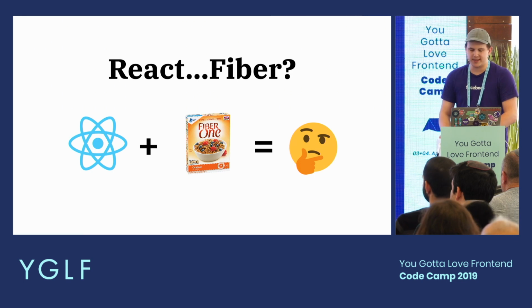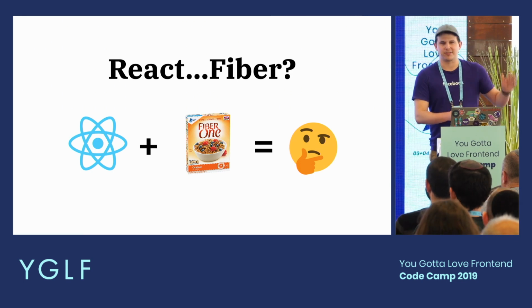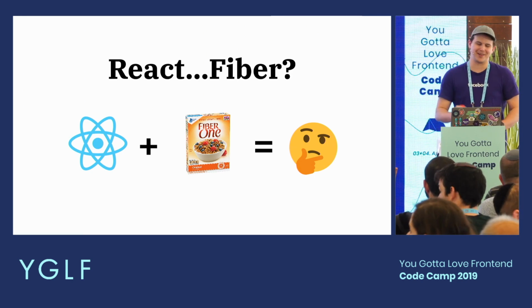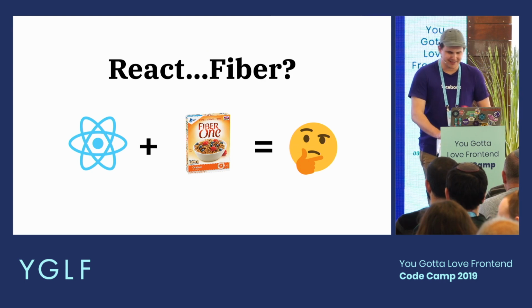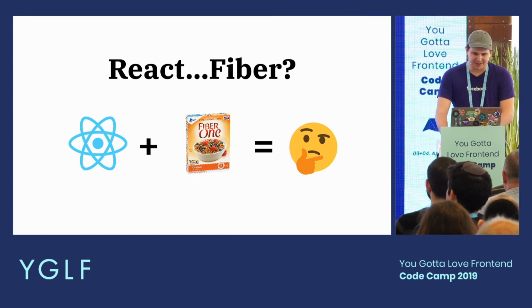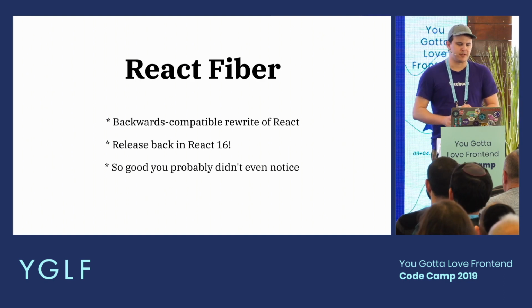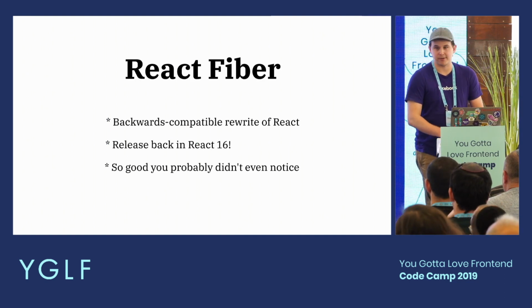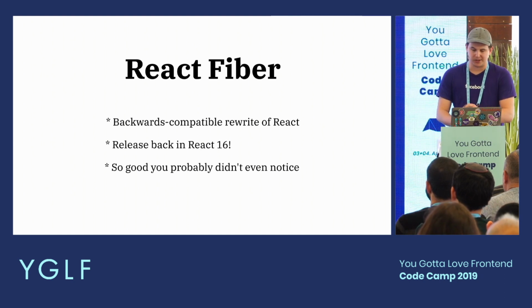All right, so all of this is related to this project called React Fiber. Who's heard of React Fiber? Yeah, okay, cool. So what exactly is React Fiber? It's kind of a cool code name, but doesn't really give us a lot. So React Fiber was a relatively recent effort made by the React team to rewrite React from the ground up while maintaining full backwards compatibility.